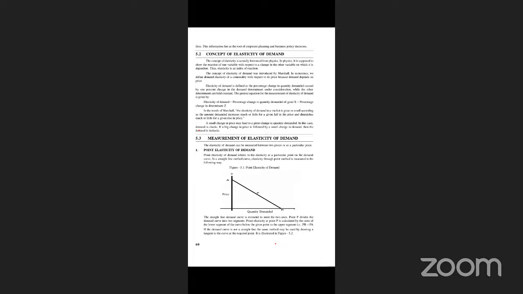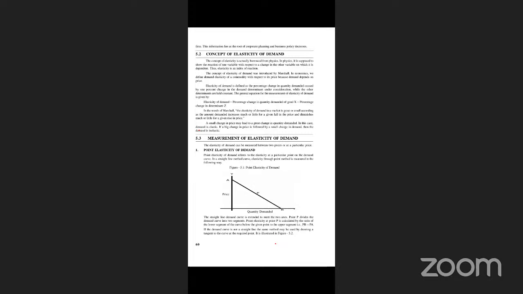This we've done in the previous concept in terms of values. Here we'll be doing it in terms of percentages, and we'll try to understand the elasticity of demand, to what extent the demand is elastic in terms of percentages.